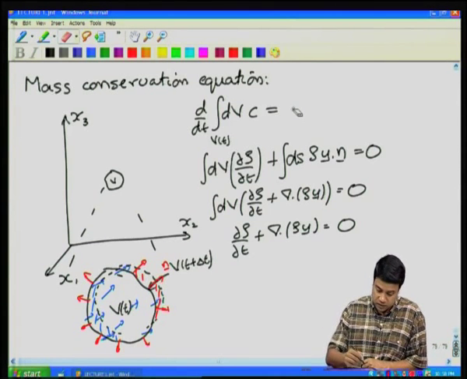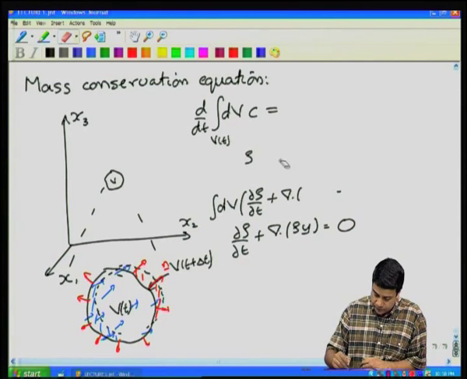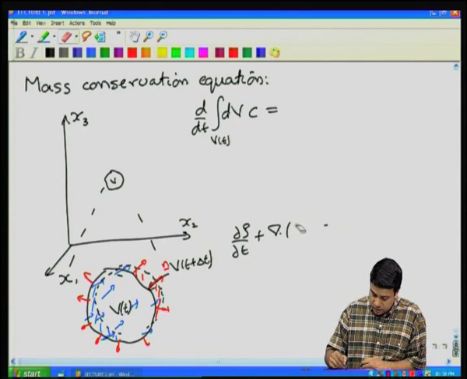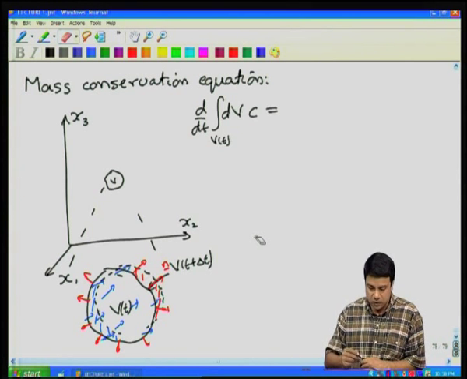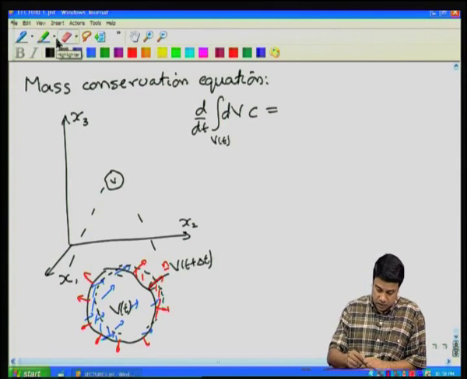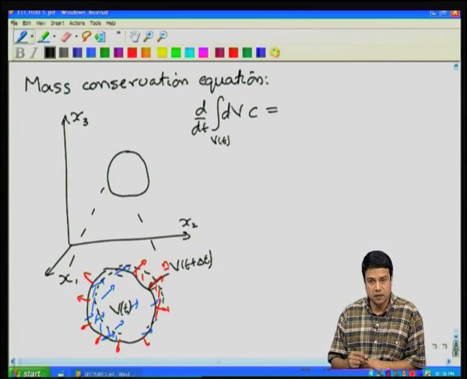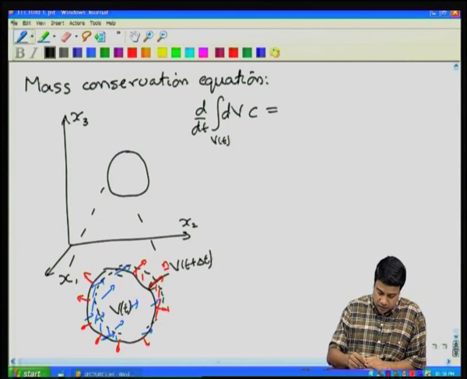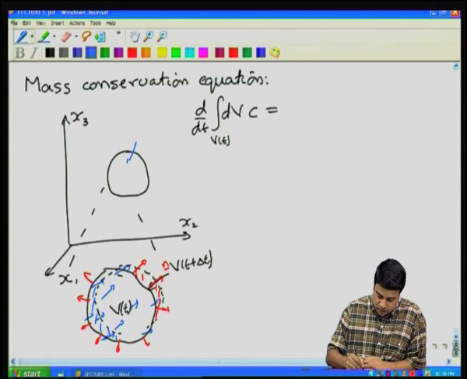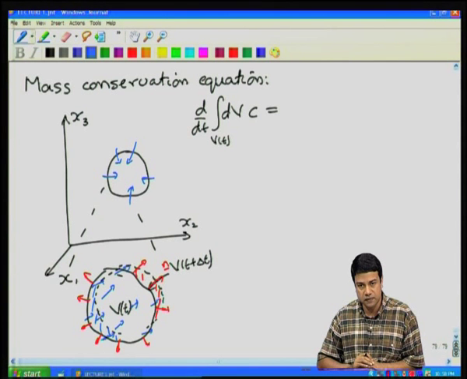That is not 0 because you could in general have a flux of the solute coming in or going out of this volume due to concentration gradients. So, for example, if I had this volume here, there could be a flux of the solute which tends to increase the concentration within this volume.